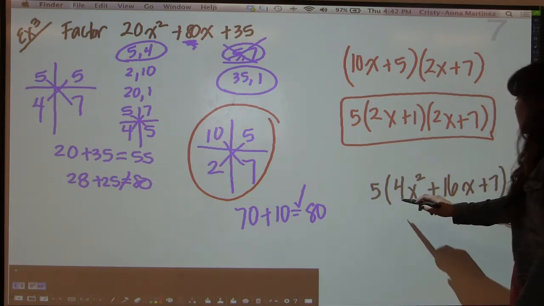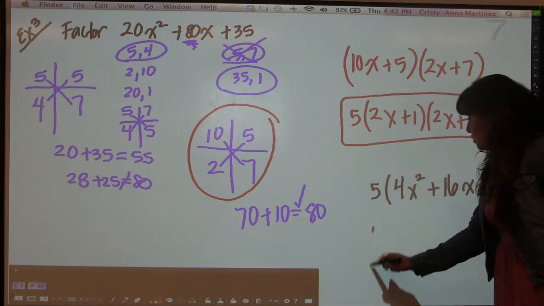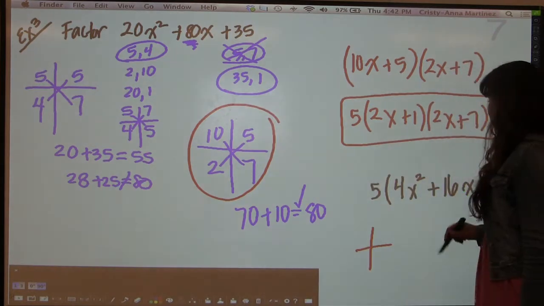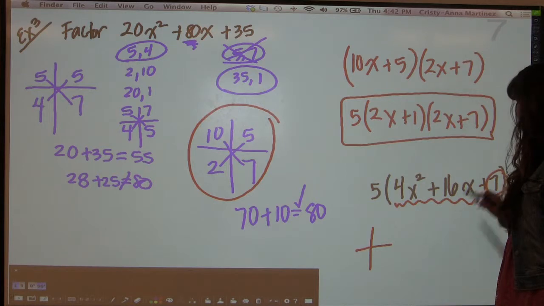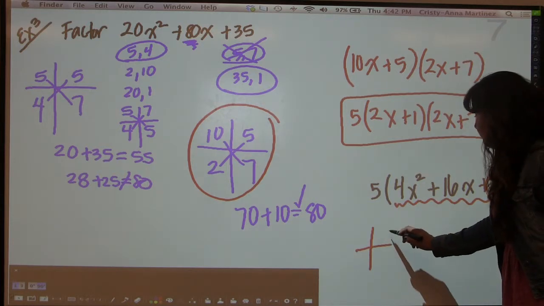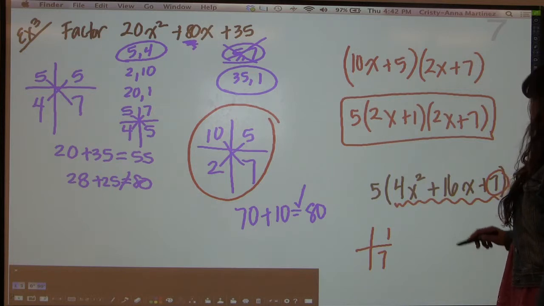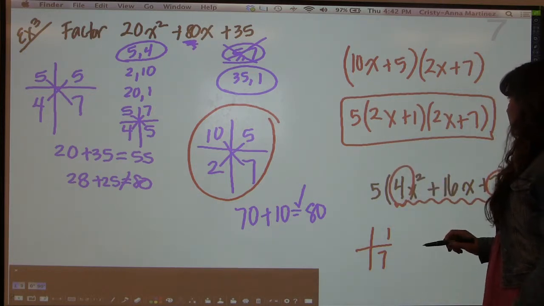So working with these smaller numbers, instead of using the big numbers that we had over there, it might have been easier for us to factor this guy by putting the 7 as 1 and 7, and then we could have put the factors of 4, which are basically 2 and 2.